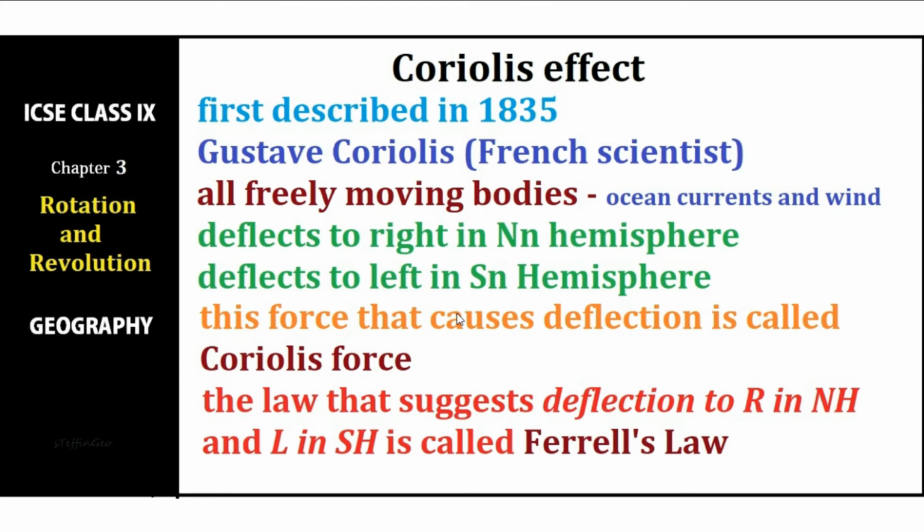According to Ferrel's law, due to Coriolis force, wind deflects towards the right in the northern hemisphere and left in the southern hemisphere. So the law which suggests this deflection is called Ferrel's law, the effect is the Coriolis effect, and the force behind this is called the Coriolis force.